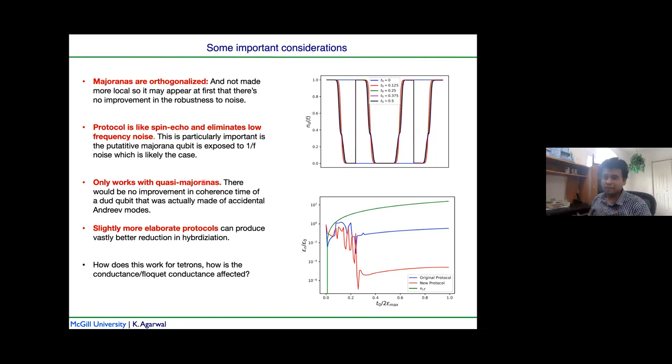That should only happen if you have bound Majorana states at the ends of the wire or quasi-Majorana states, but not these very localized on one end Andreev bound states and so on.